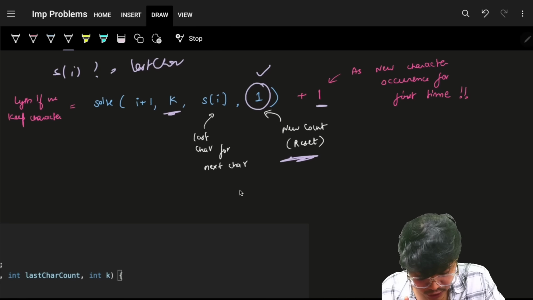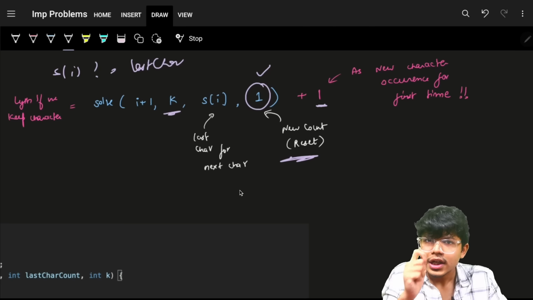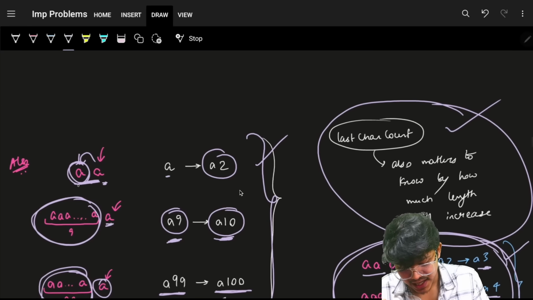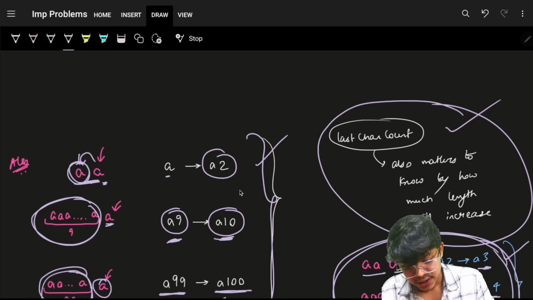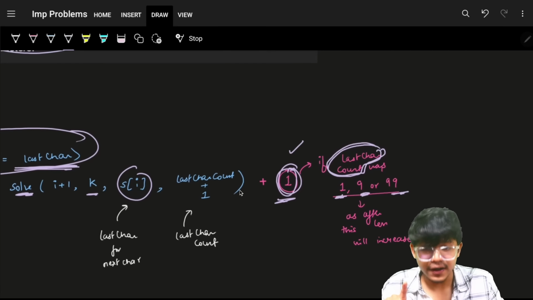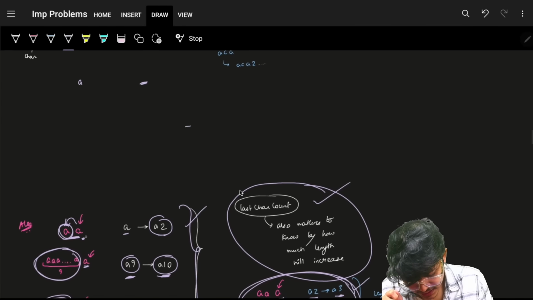Again, you can simply add a 1, because for sure a new character is added. Here, if you had a1 previously and encountered one more a, it increased from a to a2. For that, you added a 1 in the if condition, just because it increased from a to a2.